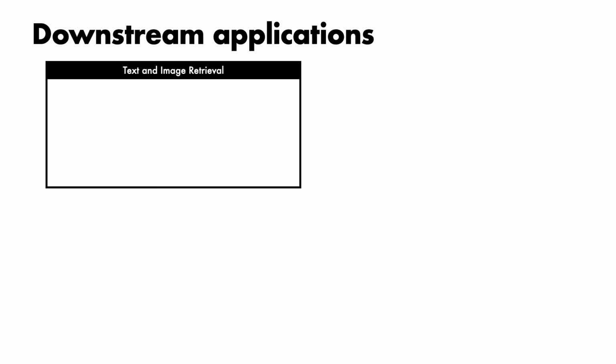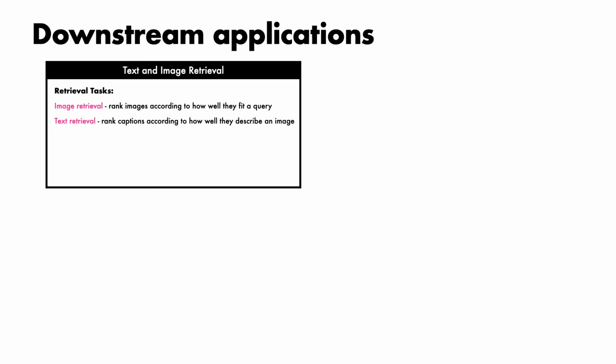In addition to its use for classification, CLIP also has a number of immediate downstream applications, a few of which are explored by the authors. One application is retrieval, in particular the tasks of image retrieval, in which the goal is to rank a pool of images according to how well they fit a given query, and text retrieval, in which the goal is to rank captions according to how well they describe an image.